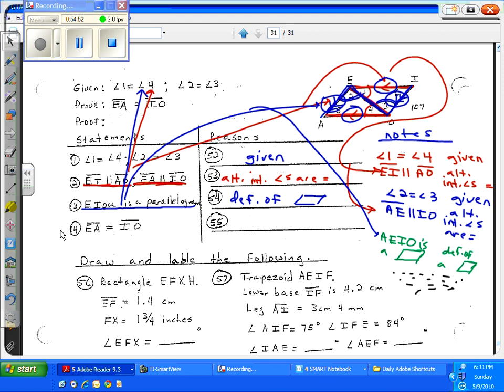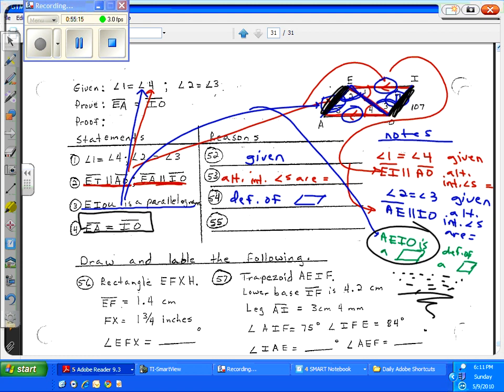Now, the next thing is what we're trying to prove, and do not put prove right here. Prove is not a reason. This is what we're trying to prove, and we need a reason that's a theorem. Now, we're trying to prove that AE is equal to IO. Well, that's opposite sides, and this is a parallelogram, and that's part of all this stuff that we decided not to write down.